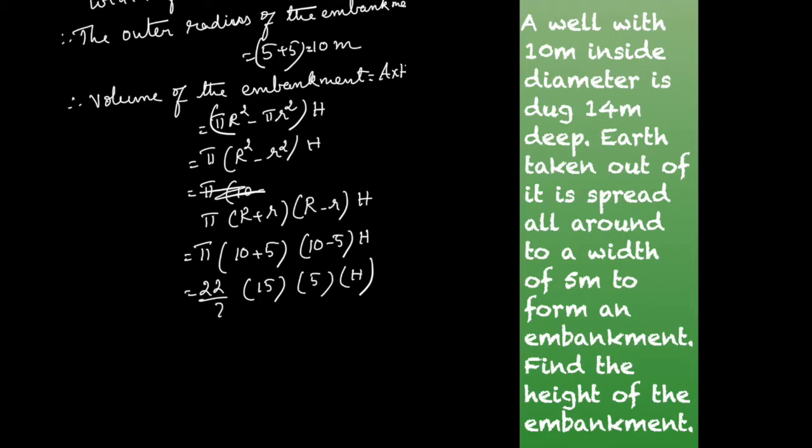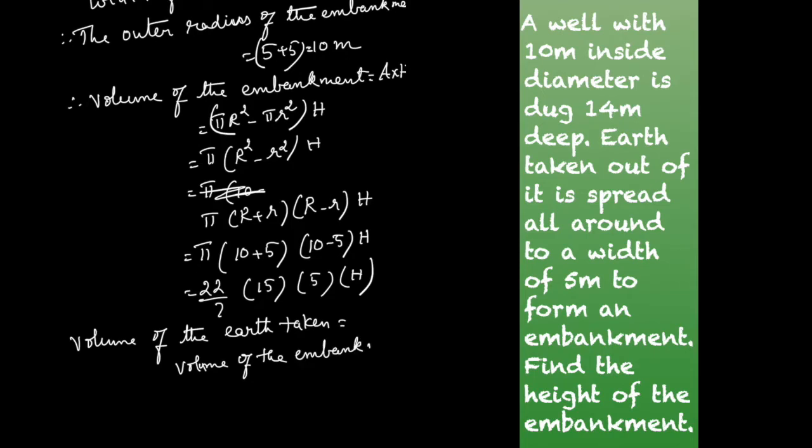As I already said, the mud we take from the well is not wasted. It is spread, and the same volume of mud forms the embankment. So we can equate the volume of the earth taken to the volume of the embankment. What is the volume of the mud taken? Pi r squared h is equal to pi into R squared minus r squared into h.